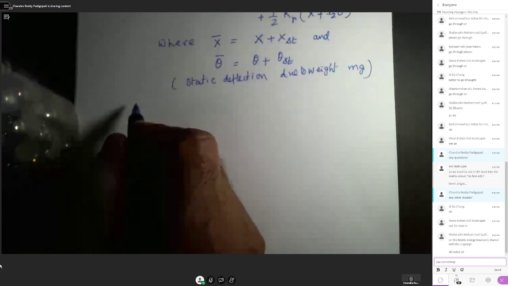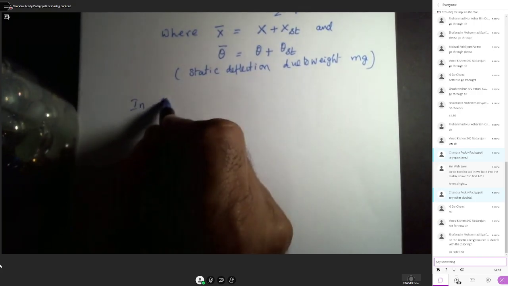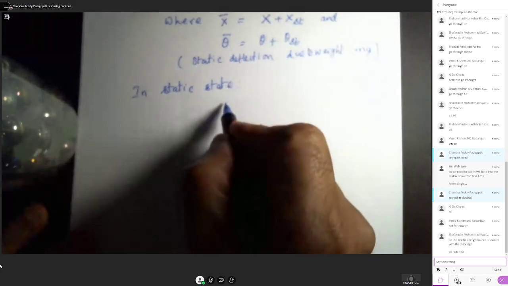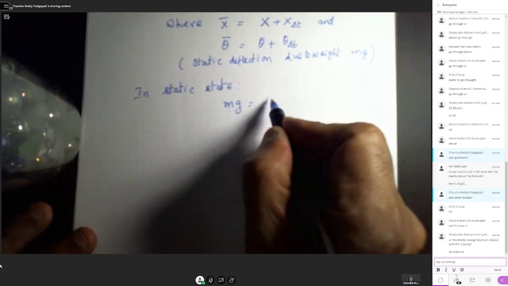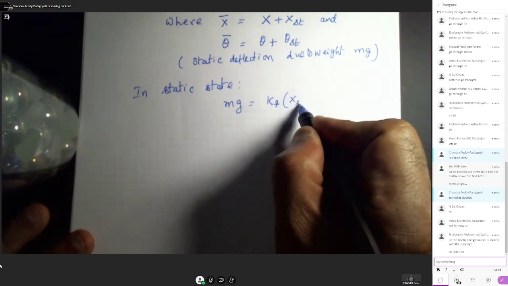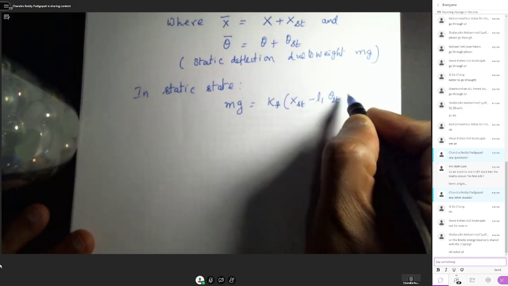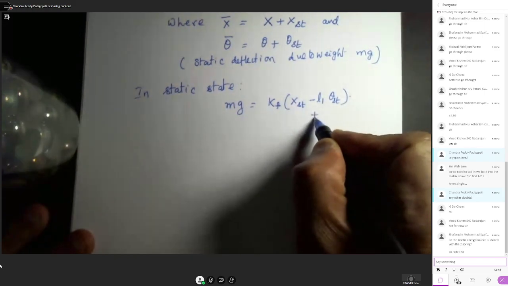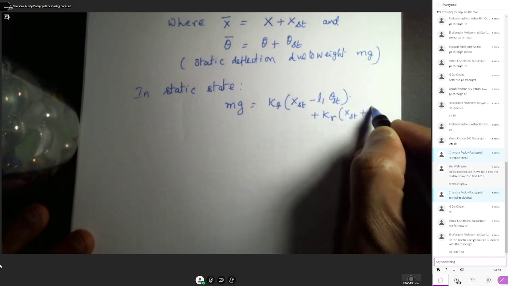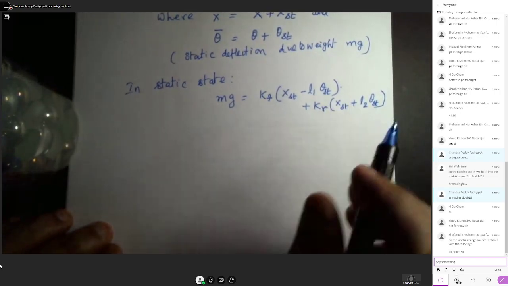So in the static state, the weight can be written in terms of L1 into theta static, like this.